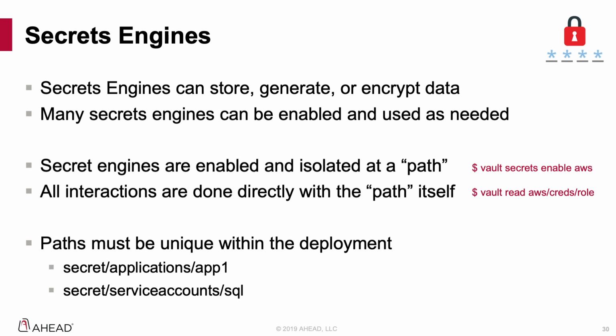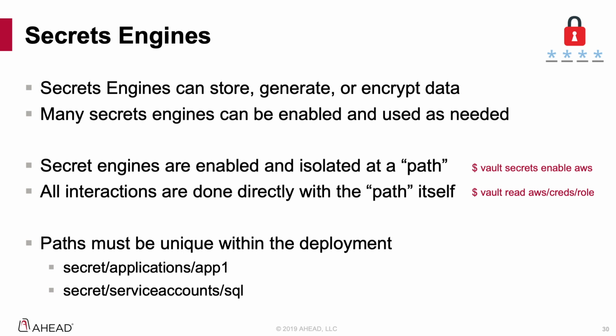So we saw before we had /secret/application. /secrets would be the path that you enable a KV store on or something like that. I think secret or secrets, I forget, is the default path for KV. You can call it whatever you want. All interactions are done directly with the path itself. If you enable a KV store, you would read /secret/whatever.